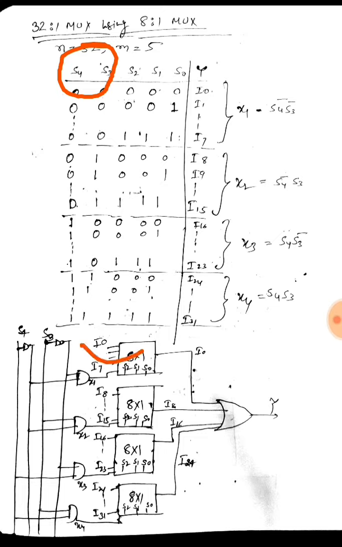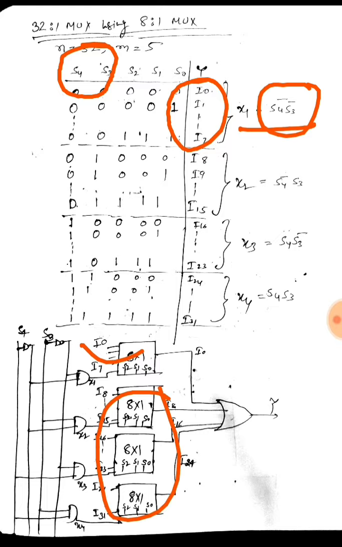That is, for 0 0, for these 8 inputs, I would use the select line as S4 bar and S3 bar. That is, for this combination of S3 and S4, our first multiplexer would be enabled and all other 3 would be disabled.